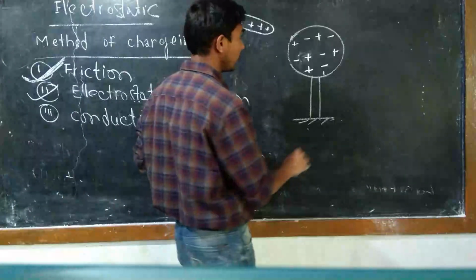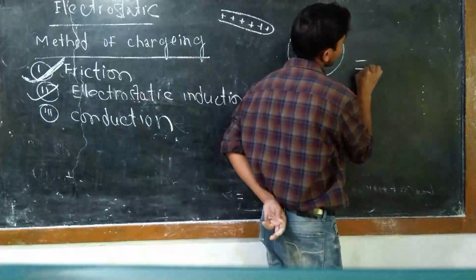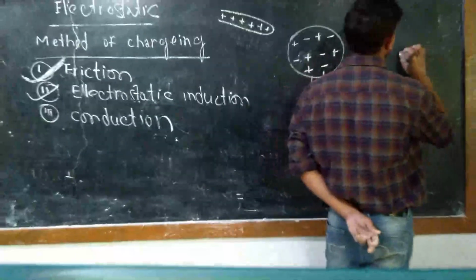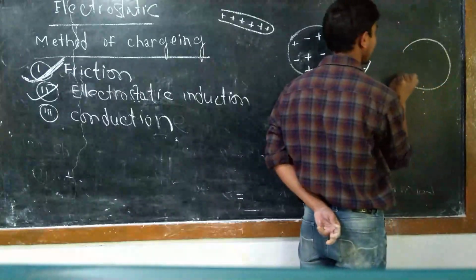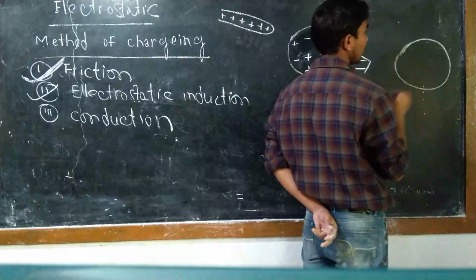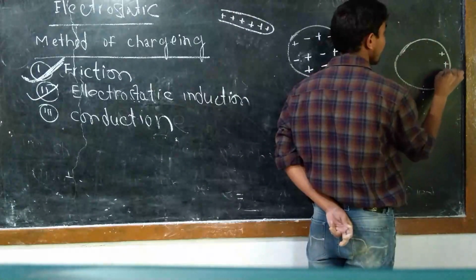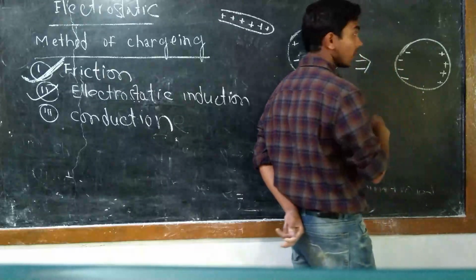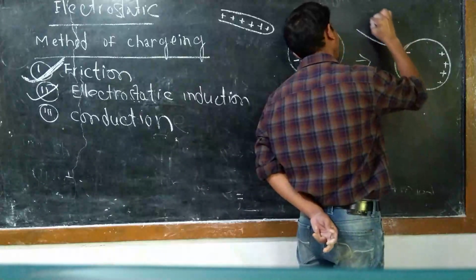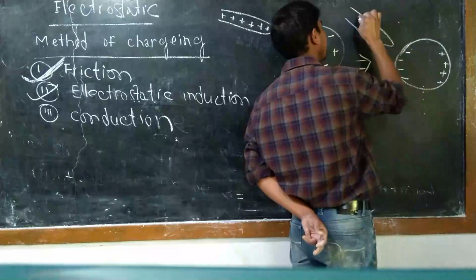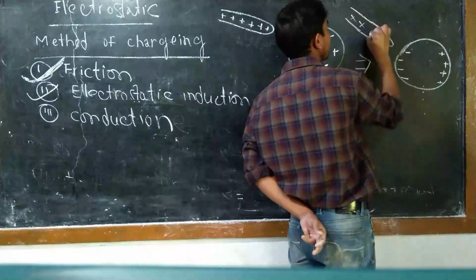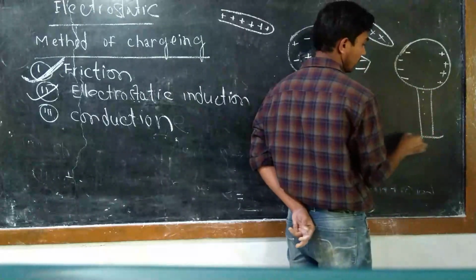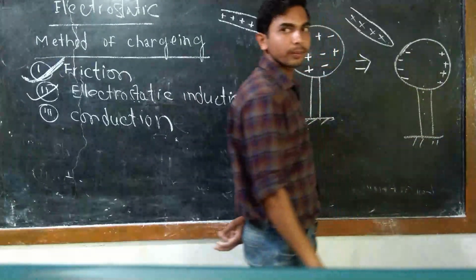So now see, after redistribution, the figure will be like this. All positive charges are on this side, and all negative charges are on the other side.